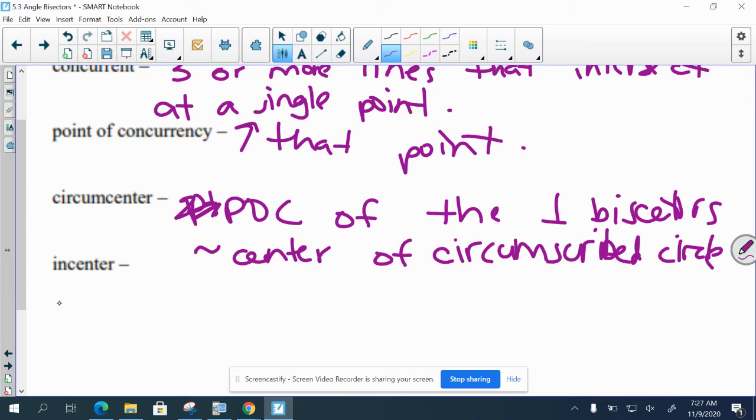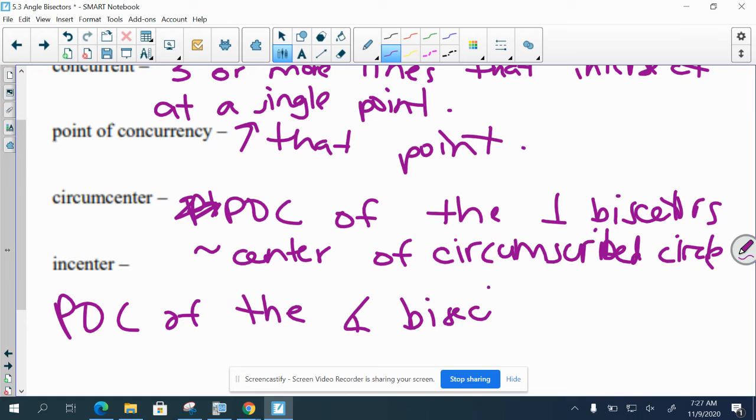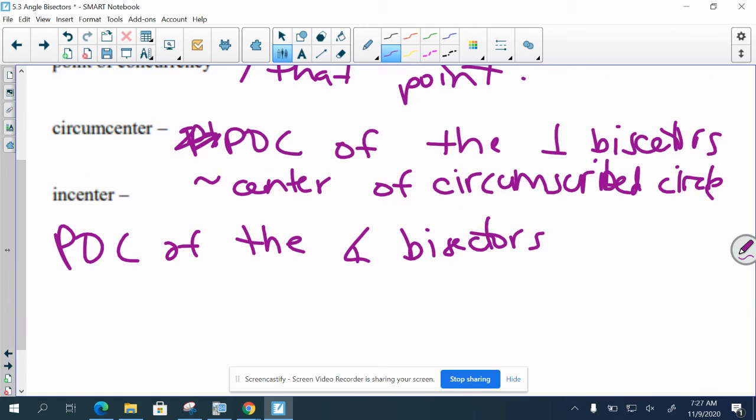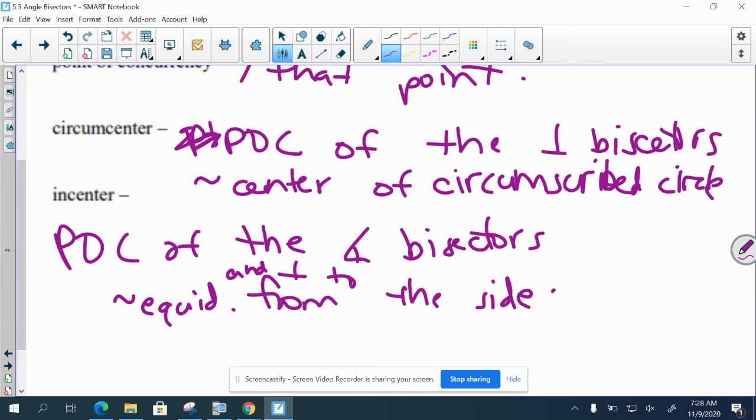And then the incenter is the point of concurrency of the angle bisectors. And then we found out from the angle bisector theorem that it's equidistant, and I'm going to say and perpendicular to the sides of the triangle.